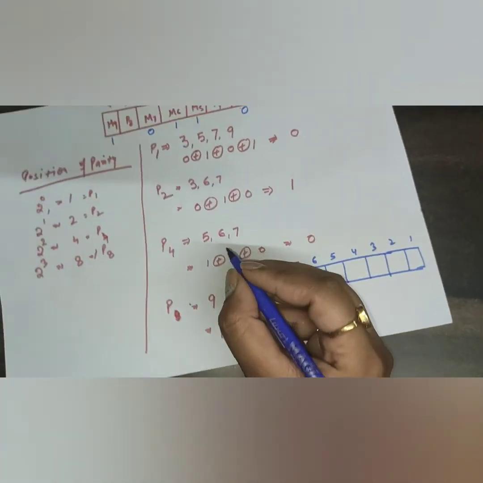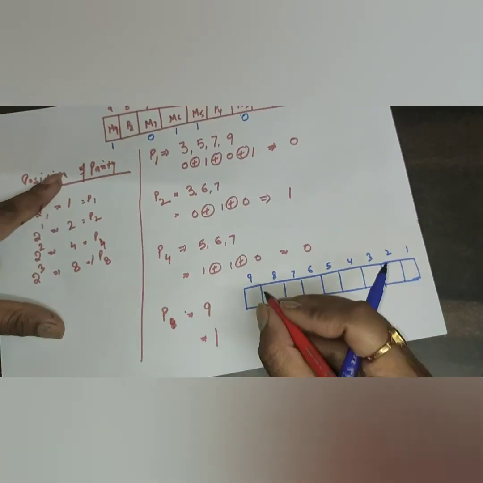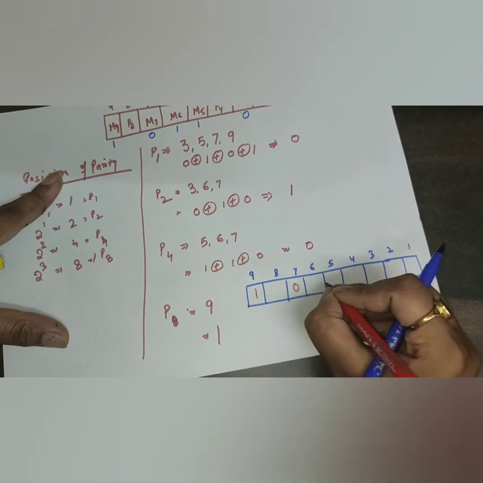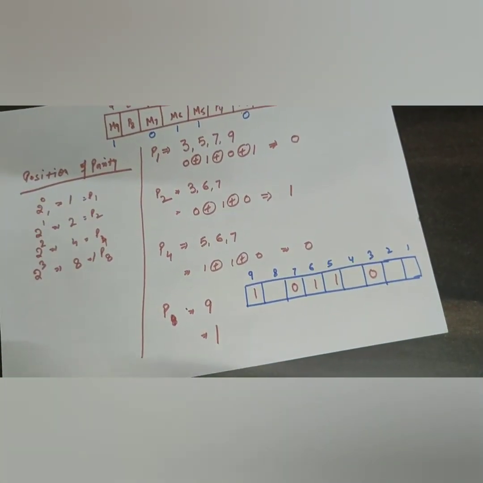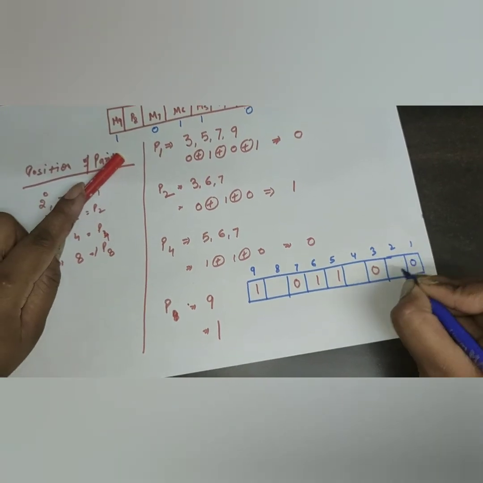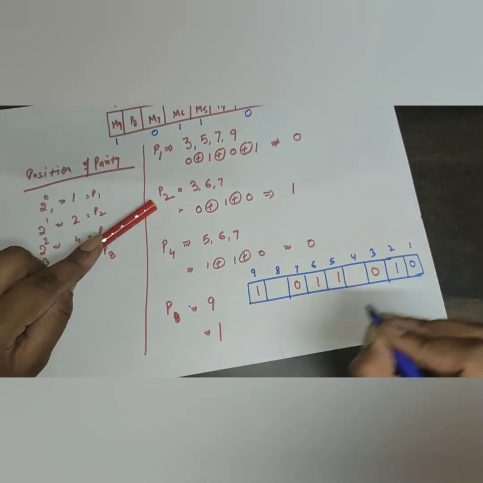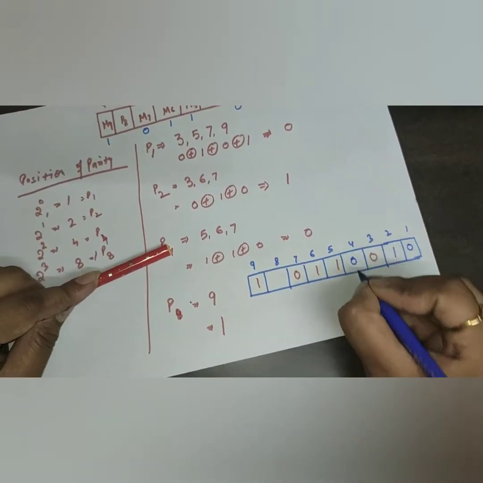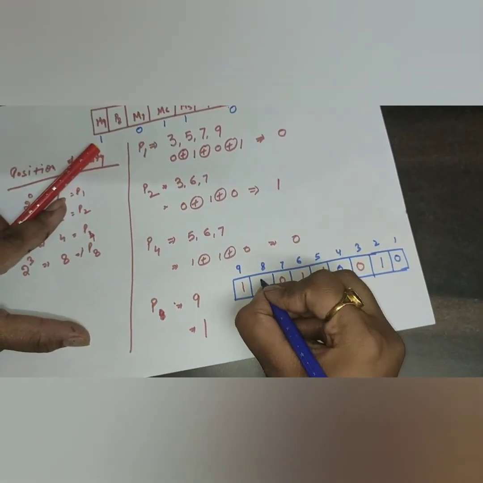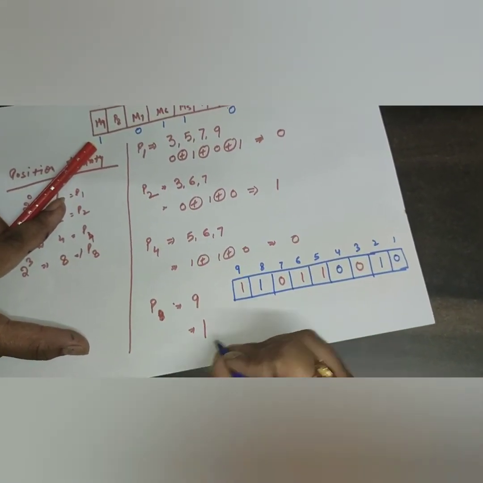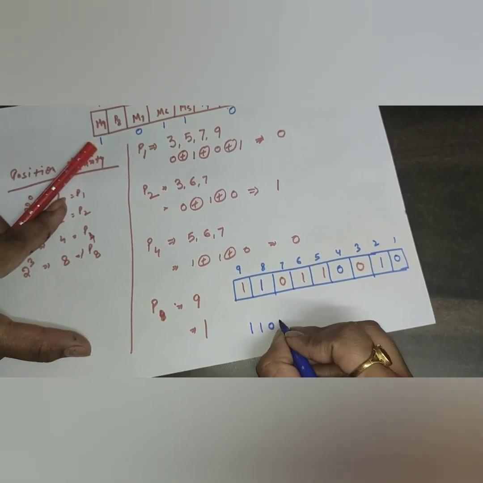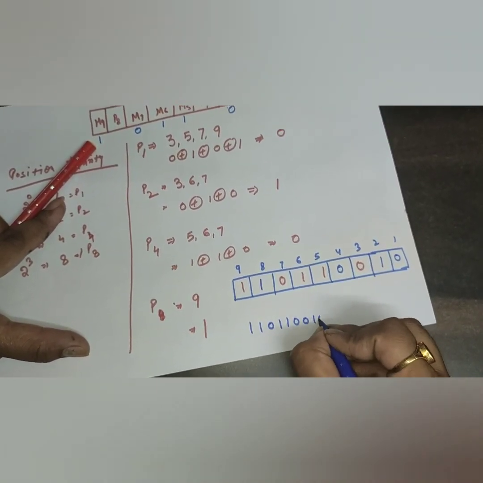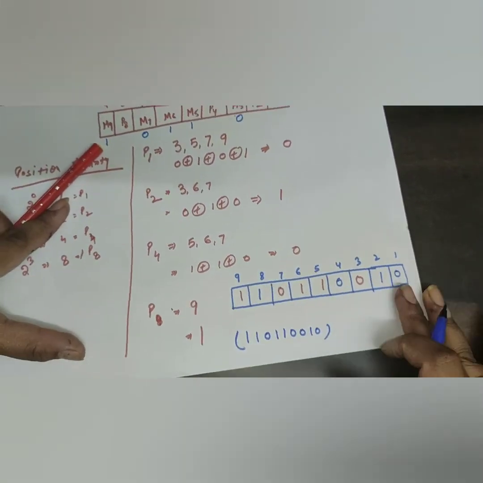So the message bits are given, that is 1, 0, 1, 1, 0. Now parity bits: P1 is 0, P2 is 1, P4 is 0 and P8 is 1. So our total Hamming code is 110 110 010. This is our Hamming code.